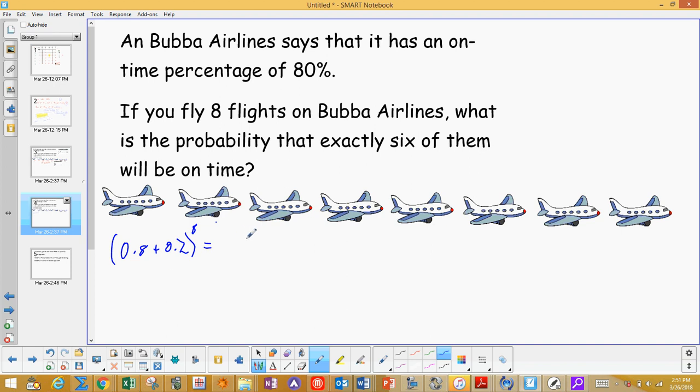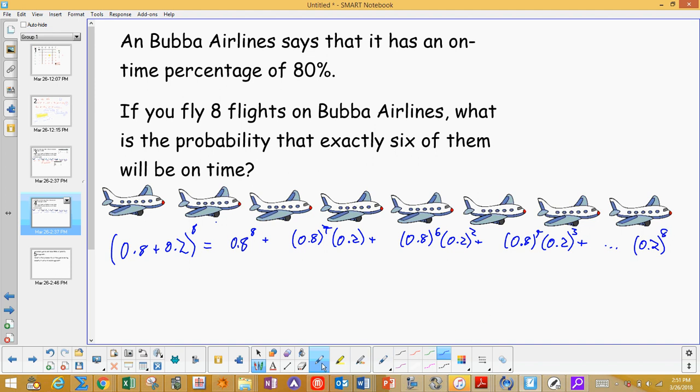If I expand it using my binomial expansion, this is going to be 0.8 to the 8th plus 0.8 to the 7th times 0.2 plus 0.8 to the 6th times 0.2 squared plus 0.8 to the 5th times 0.2 cubed, and I'll just continue it on, and I'm going to end with 0.2 to the 8th.